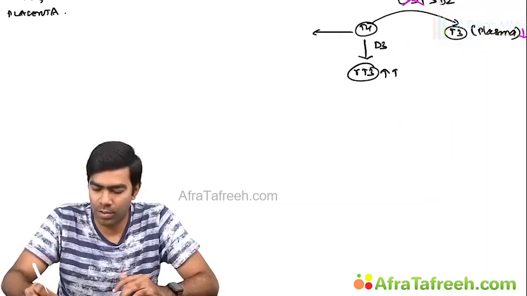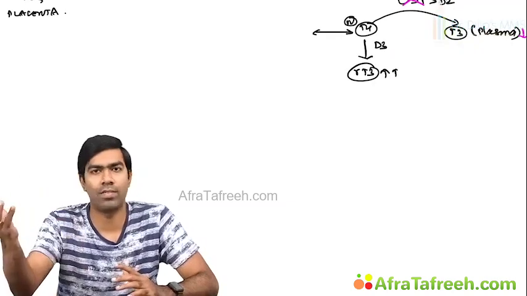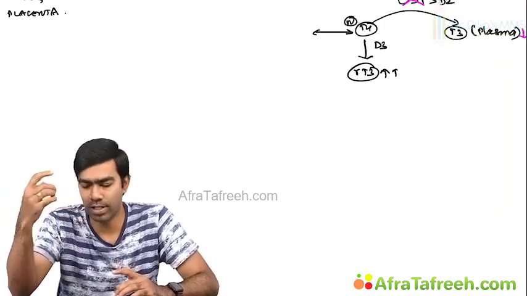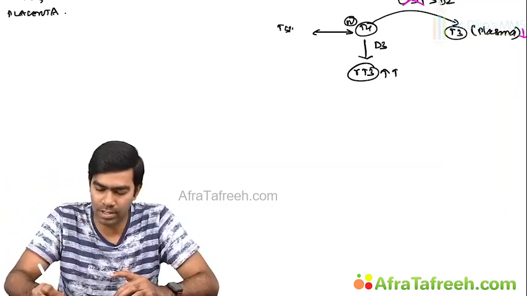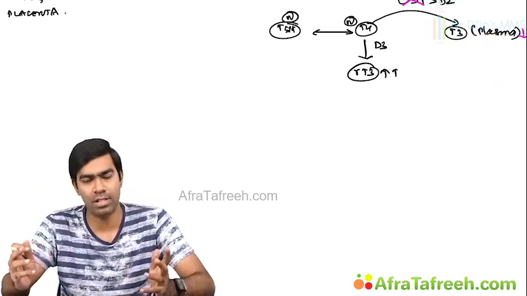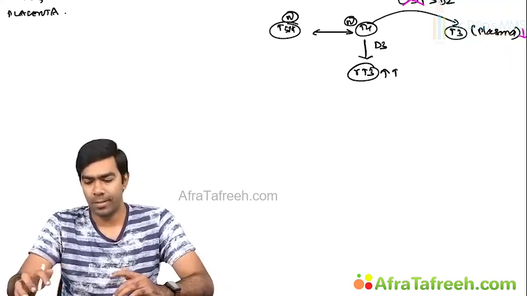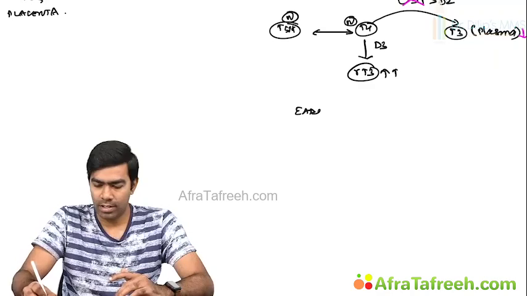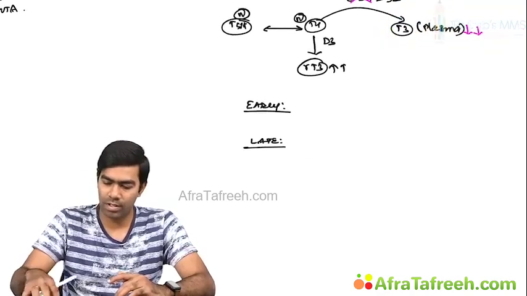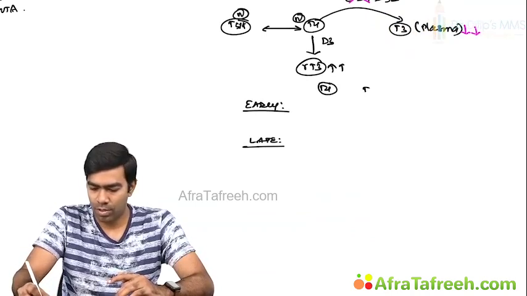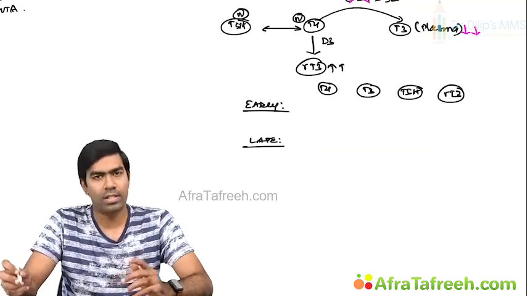And this T4 level is usually normal, because T4, instead of getting converted to T3, it's getting converted to reverse T3. Usually in the initial stage, it will be normal only. That means the TSH levels also will be normal, because this T4 is the one that gives feedback to the pituitary and the hypothalamus. So I can write early sick state and late sick state. What will happen to the different thyroid hormones? T4, T3, TSH, and reverse T3. Reverse T3 is an inactive hormone.